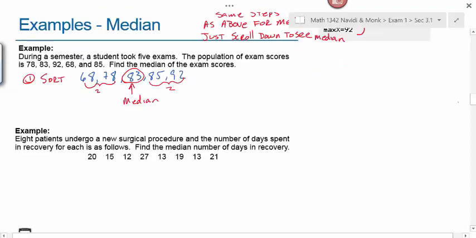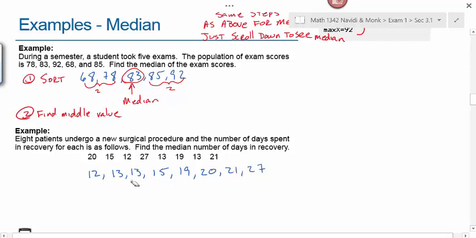In the next example, we're told 8 patients undergo a new surgical procedure, and the number of days spent in recovery for each is as follows. Find the median number of days in recovery. Sorry, I forgot to write that step down. What's our first step? Sort the data. So what's first? 12, 13, 13, 15, 19, 20, 21, 27.